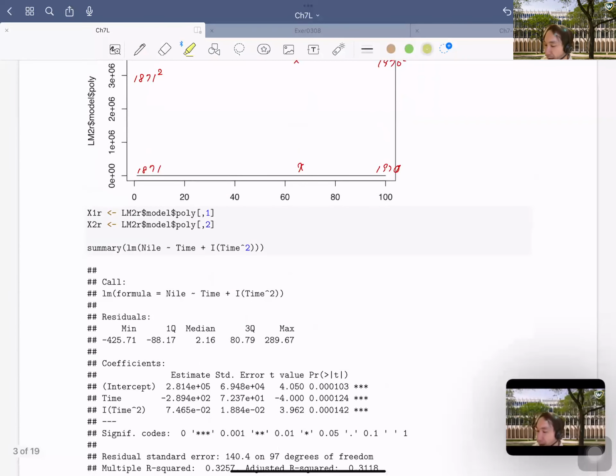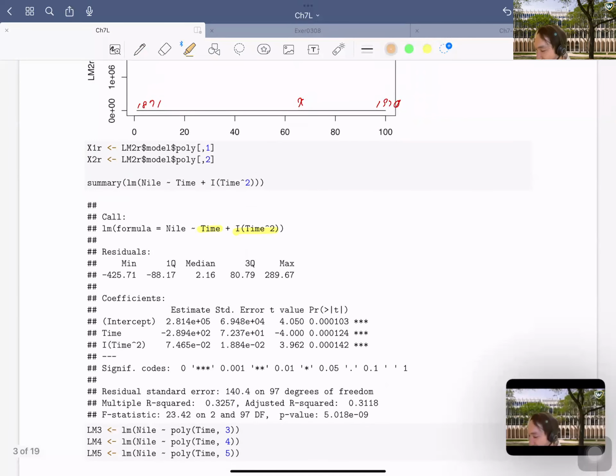Yeah, so the same thing is here: time and the time square. Just remember that we have to put I parentheses to include the square of time as a predictor, because usually in linear regression, x times y is not good. Maybe x1 times x2 means the three terms, including x1, x2, and x1 times x2.